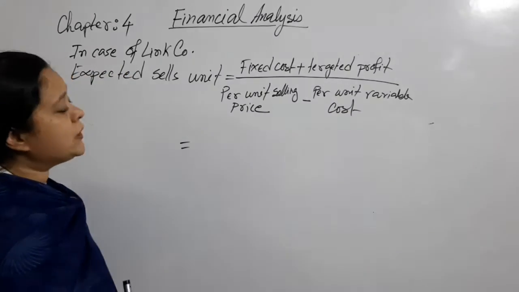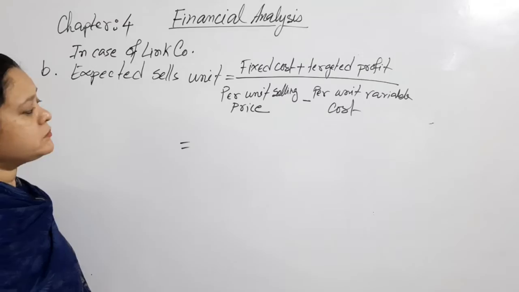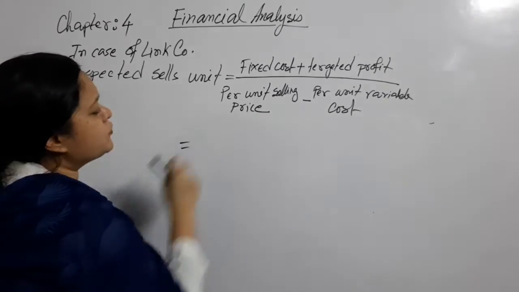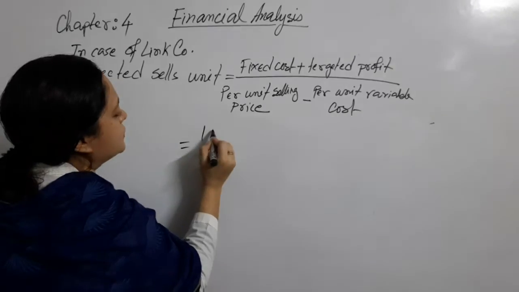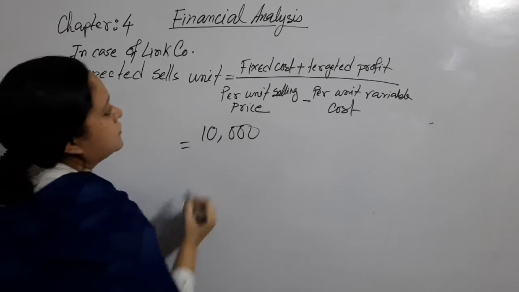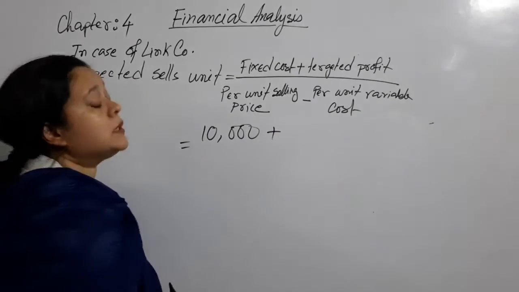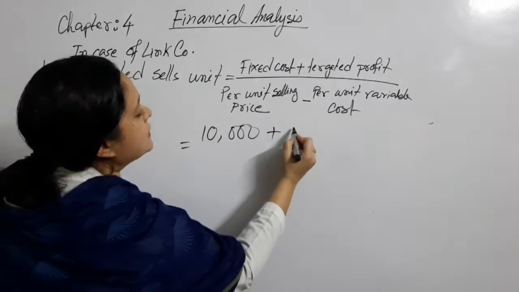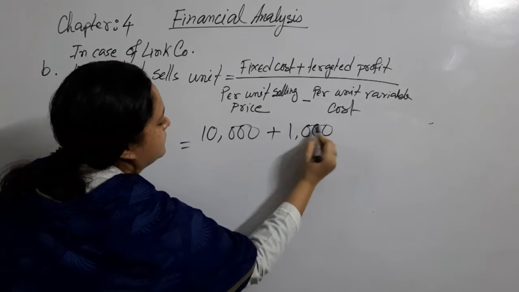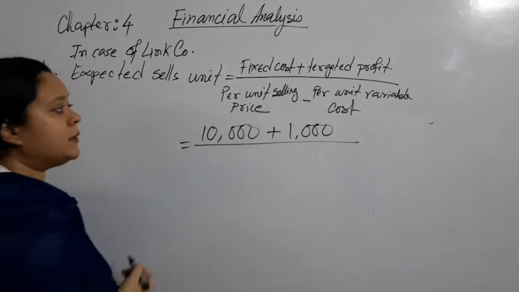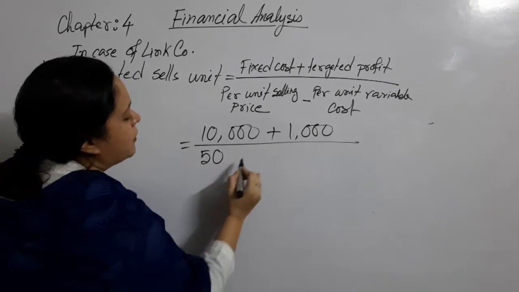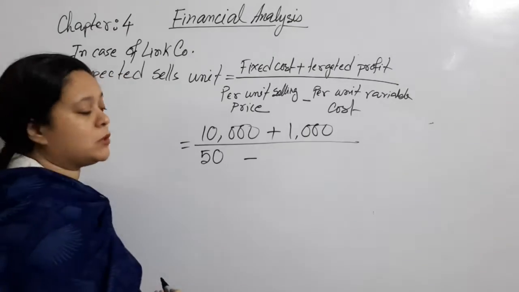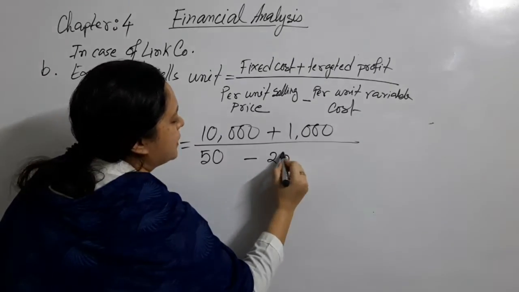From the stem we can get all the information and then we will put it in this formula. The fixed cost was 10,000 plus targeted profit, that is 1,000, divided by per unit selling price 50 taka minus per unit variable cost 25 taka.